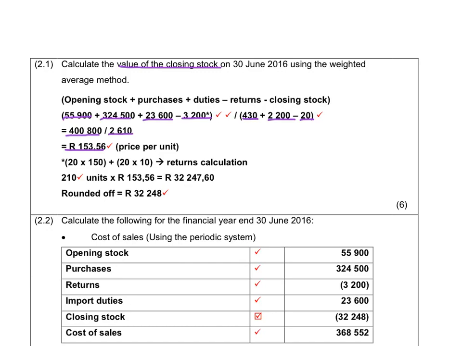So whenever you see that the weighted average method is used, you have to take the opening stock, purchases, expenses, and divide it by the opening stock numbers, purchases, returns, to ensure that you know exactly what was the total cost, divided by the total number of units available, and that figure we will multiply with the number of units available at the end of the year.